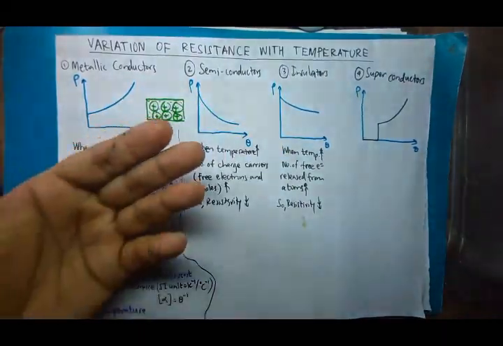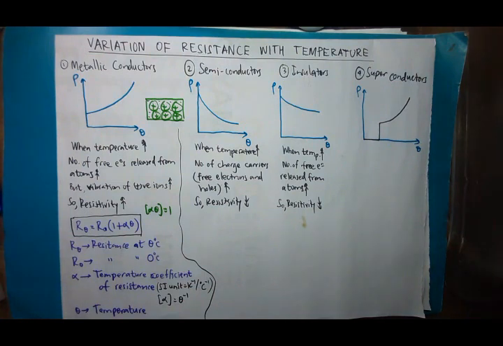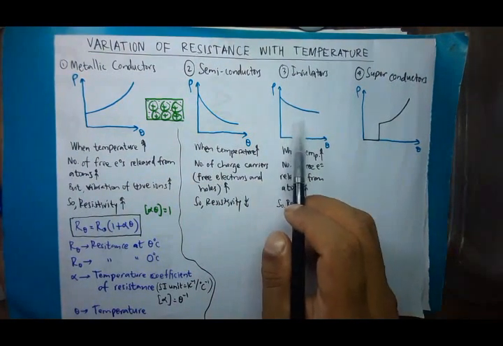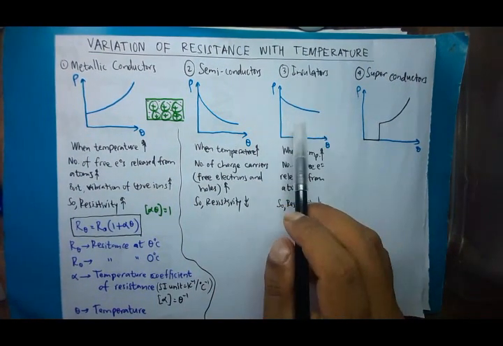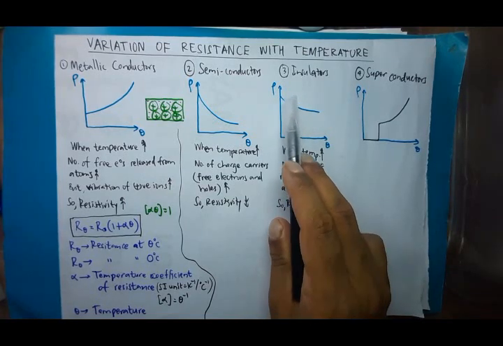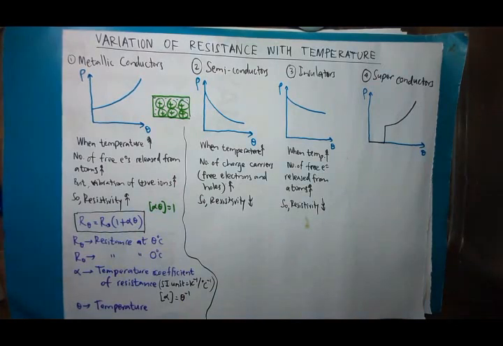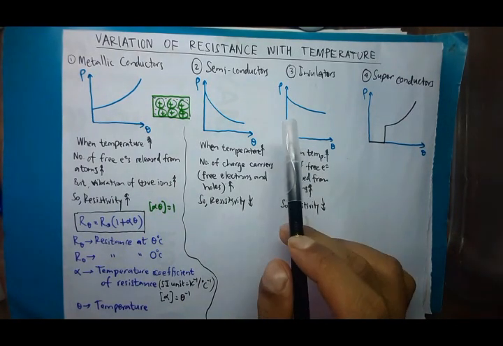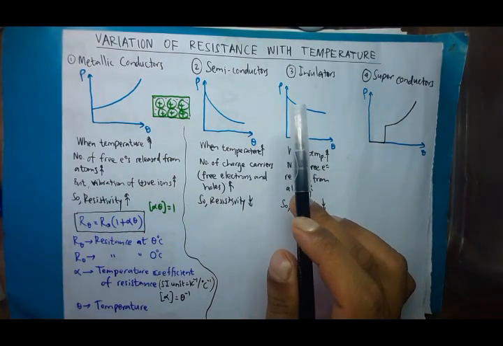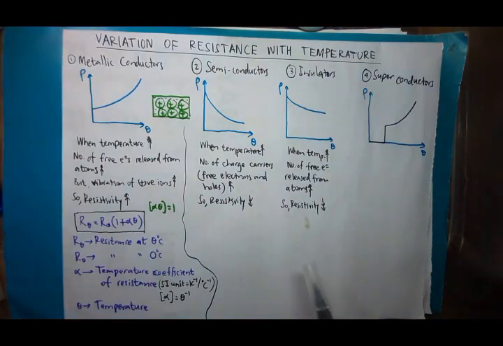With the increase in temperature, since more electrons are released, the resistivity will reduce slightly. It doesn't mean that its resistivity will reduce a lot and it will become a conductor. No, insulators don't conduct electricity. So the resistivity will be very high for insulators, but with increasing temperature, it will reduce a little because more free electrons are released.